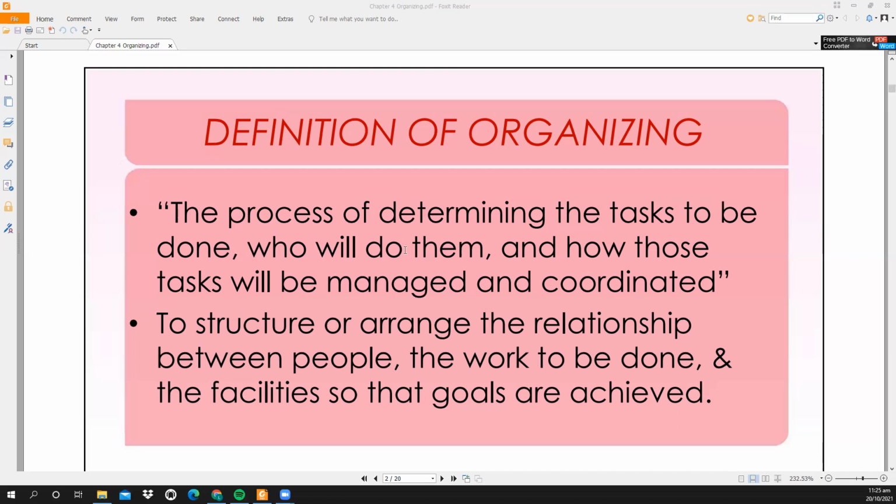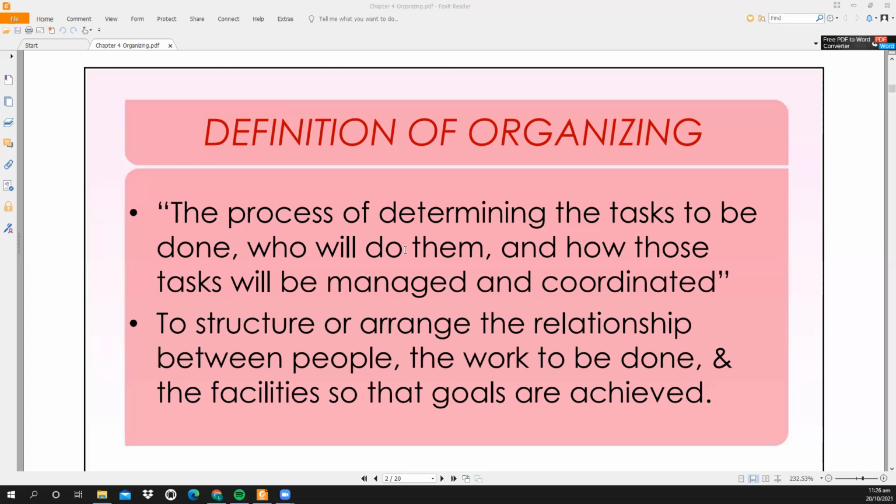So the tasks for the production department, the tasks for the sales or marketing department, the tasks for the accounting department, and the HR department. So after planning, for organizing, we group them per department, depending on the structure of the organization or the business.